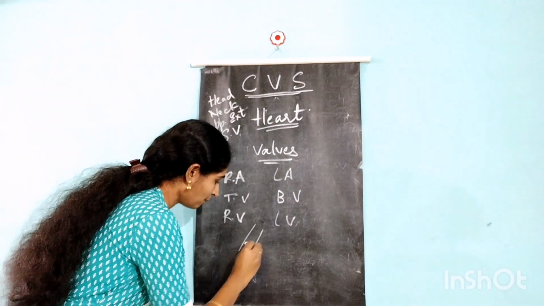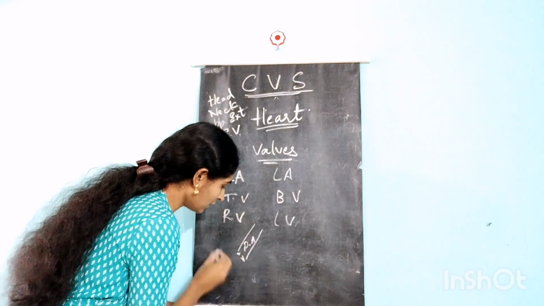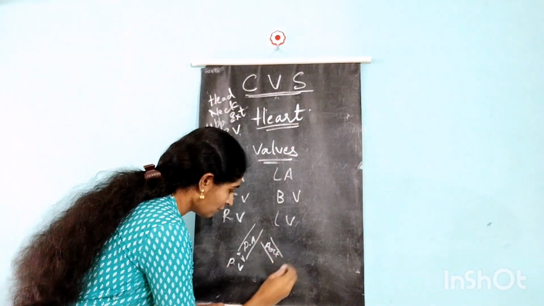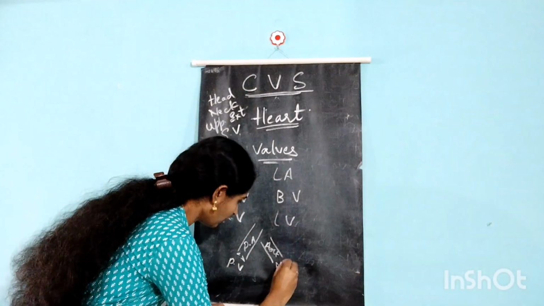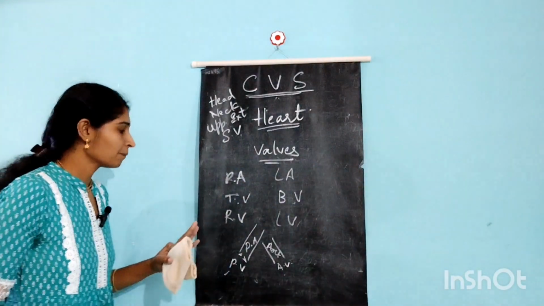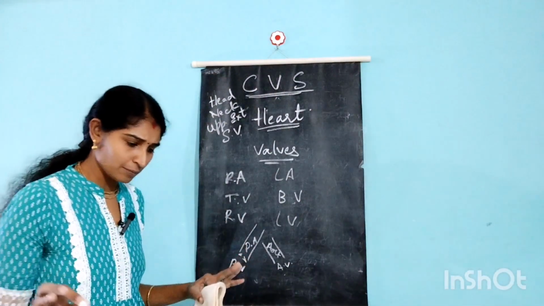Then at the opening of the pulmonary artery we saw the pulmonary valve. At the opening of the aorta we saw the aortic valve. So 1, 2, 3, 4. 4 valves are there. They are 4 in number.